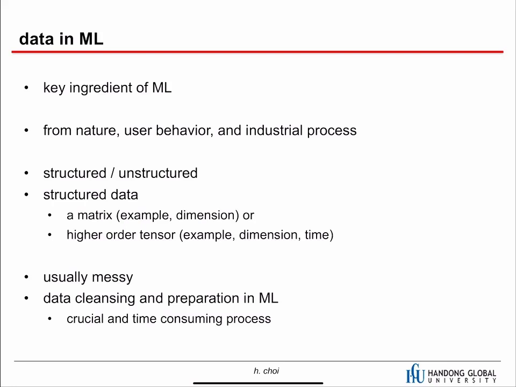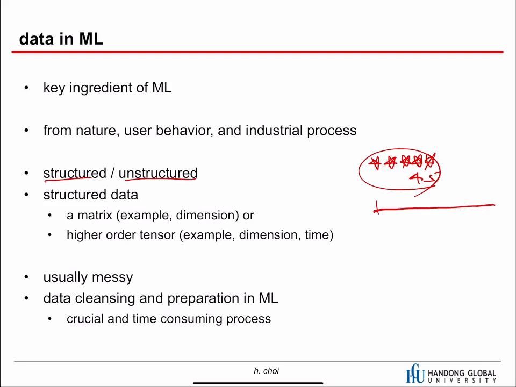For example, in a movie review, we have structured data and unstructured data. In a movie review, we have some numbers about the stars. Is it 4 or 5? If we have some specific number, then this is a structured data sample, a data value. And the unstructured is something like text.